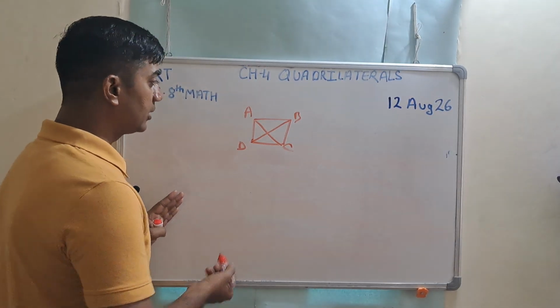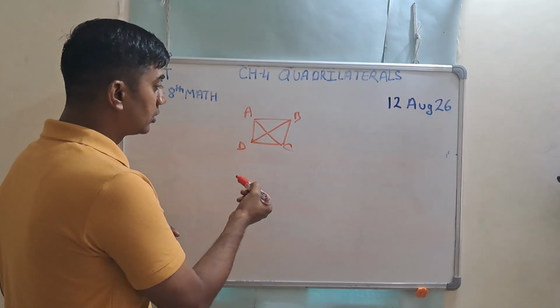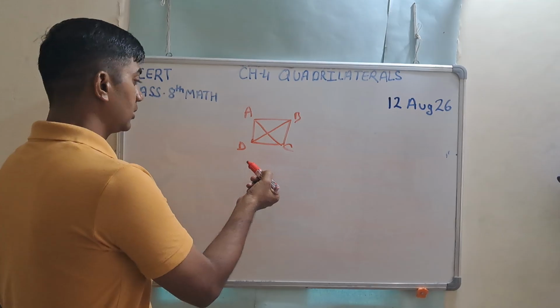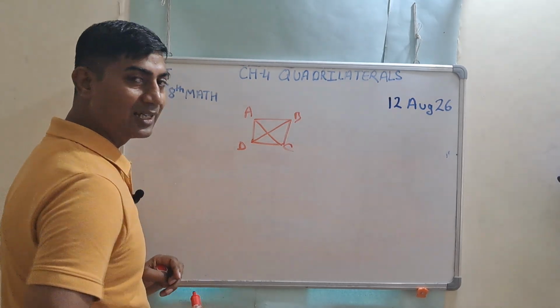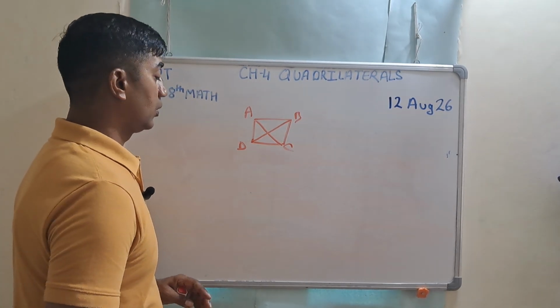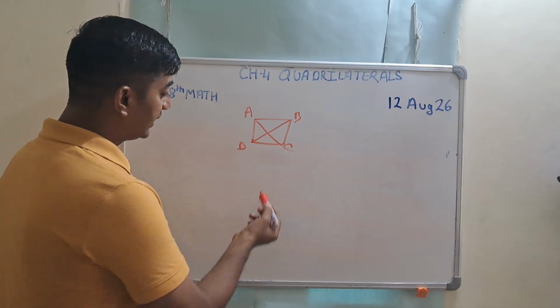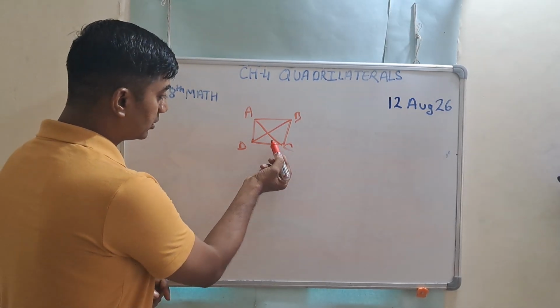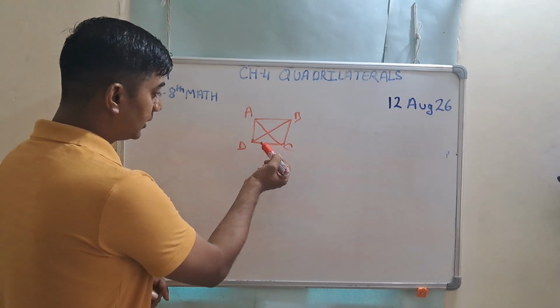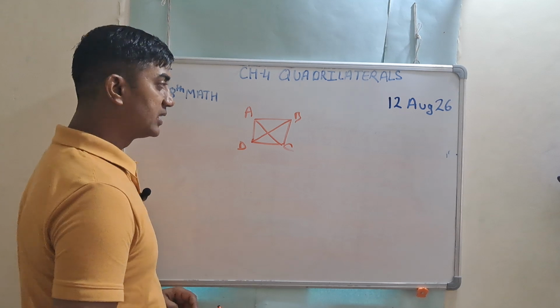In addition to that, this also includes that all the sides are equal. So we will see what is the nature of the diagonals AC and BD.